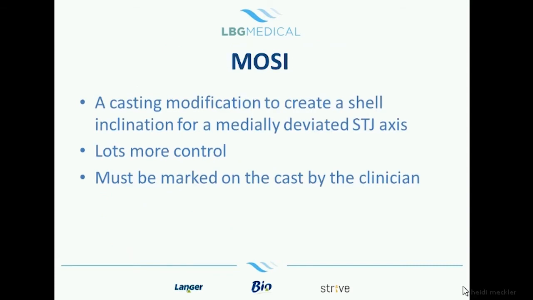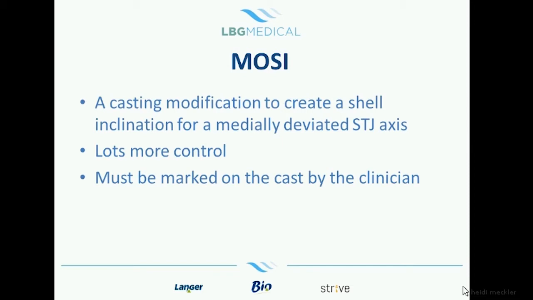Now, MOSI we get asked about quite a lot. This is a relatively new addition that we've got to our prescription form. So MOSI stands for medial oblique shell inclination, and it's a specific cast modification which is for a medially deviated subtalar joint axis.